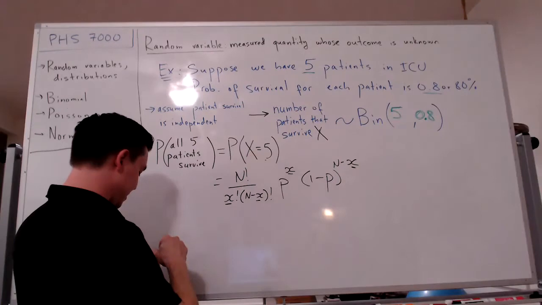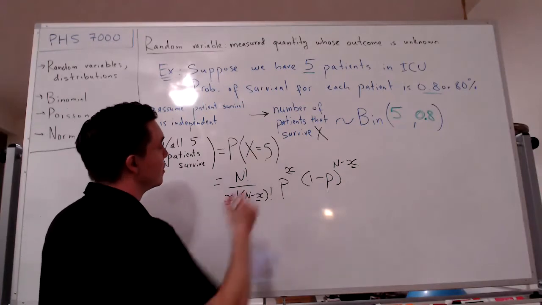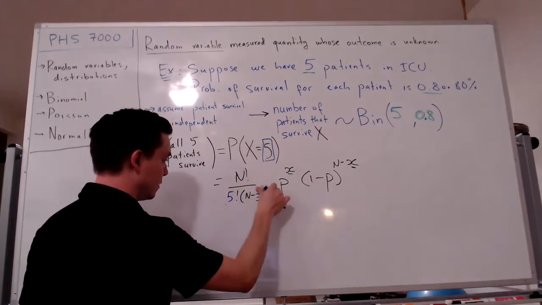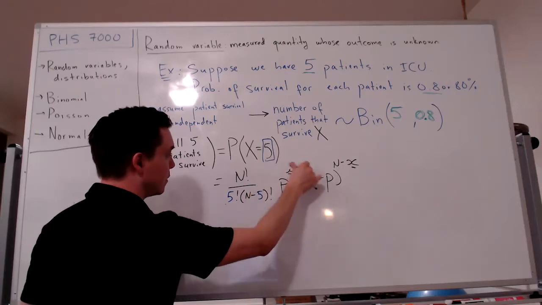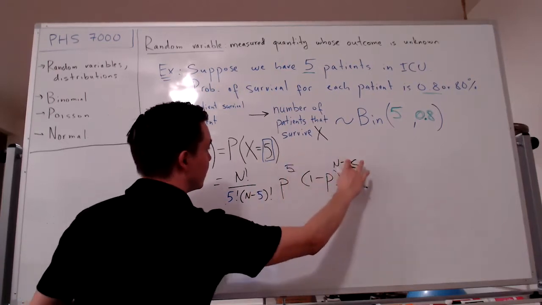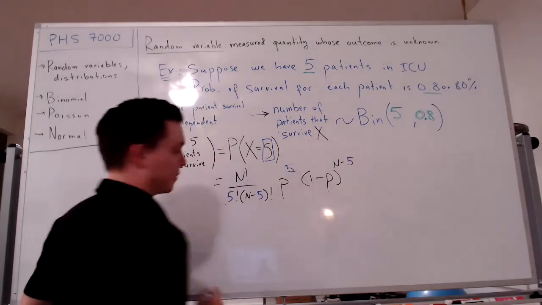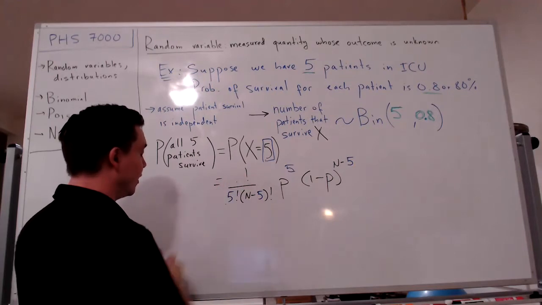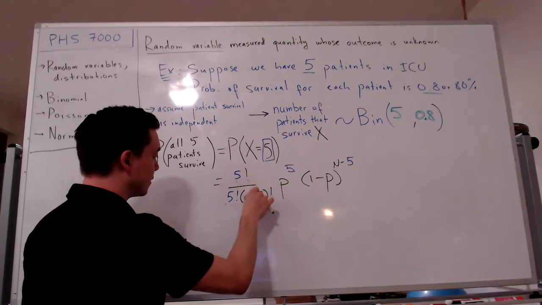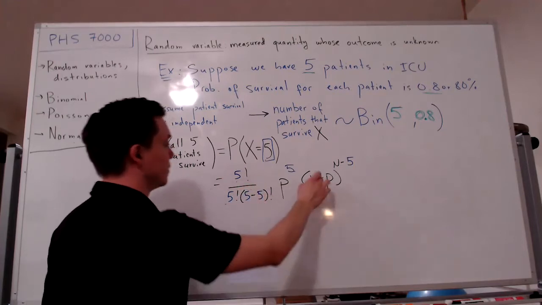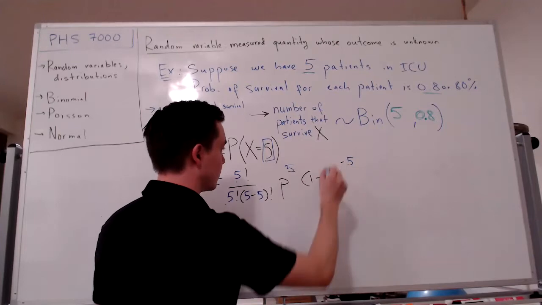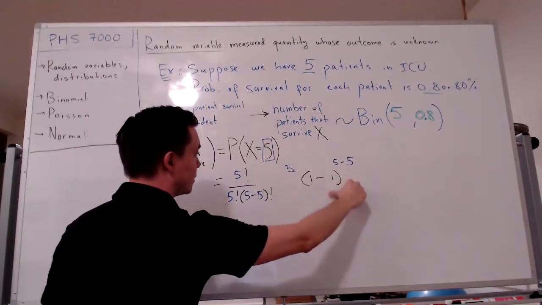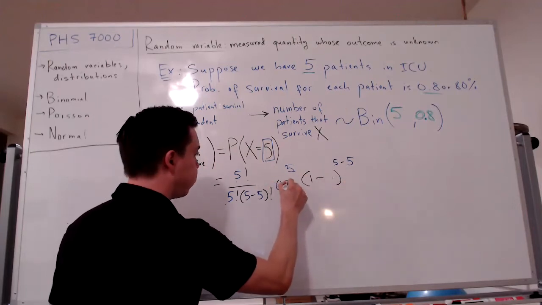All right, my x is 5. Okay, but I know my n as well. I have 5 patients. I'm interested in all 5 of them surviving. And I know the probability of survival for each patient. That's 0.8.